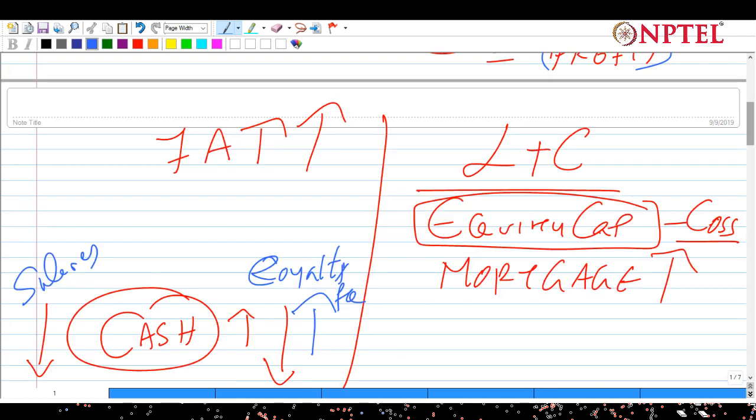Cash has gone up by royalty, gone down by salaries, so the net increase in cash is only the difference between these two. Whatever is the resultant profit belongs to the equity holders, so I add it to the equity capital. Your balance sheet gets balanced in the process.